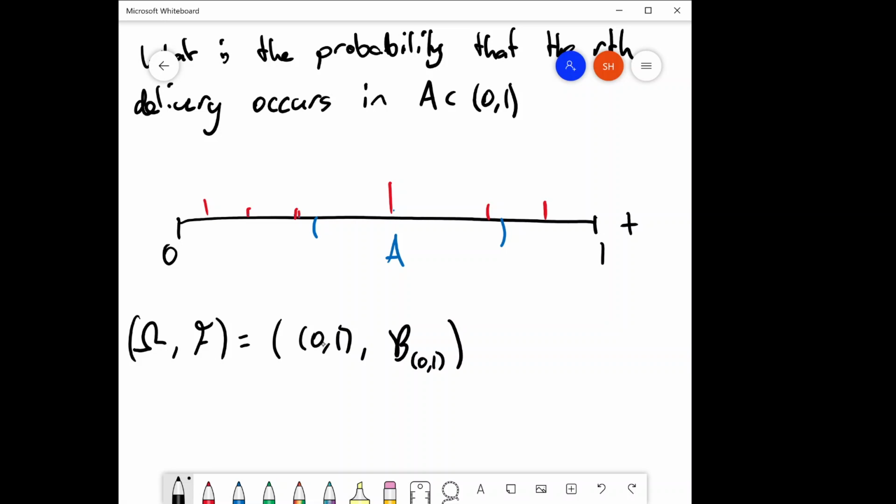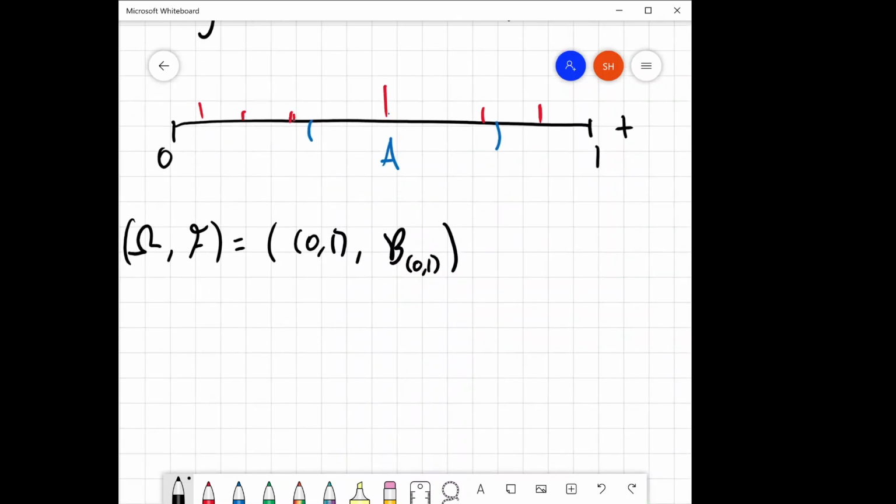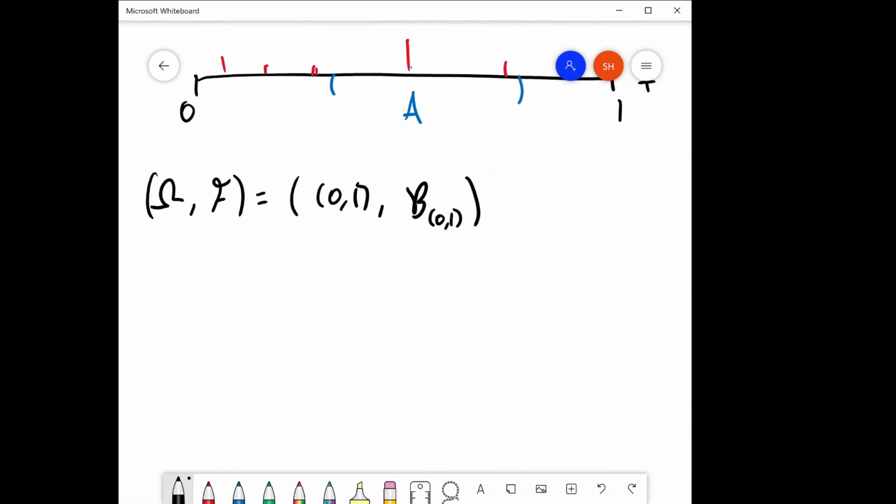The reason we use open interval as opposed to closed doesn't matter. You could use the closed. We're going to find that the probability distribution we get doesn't attribute any probability to the endpoints here. So you can put them back in at the end and lose or gain nothing. Okay, so we're just going to use open because we can.